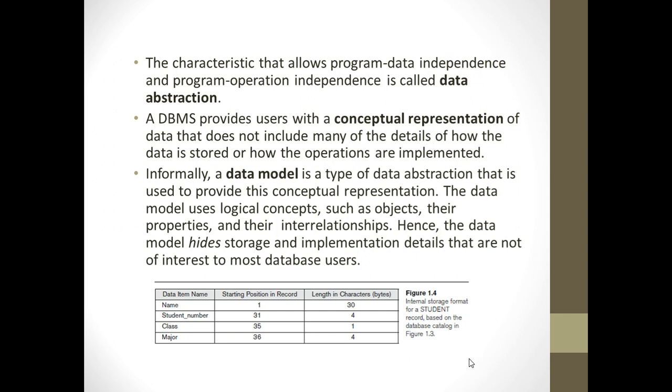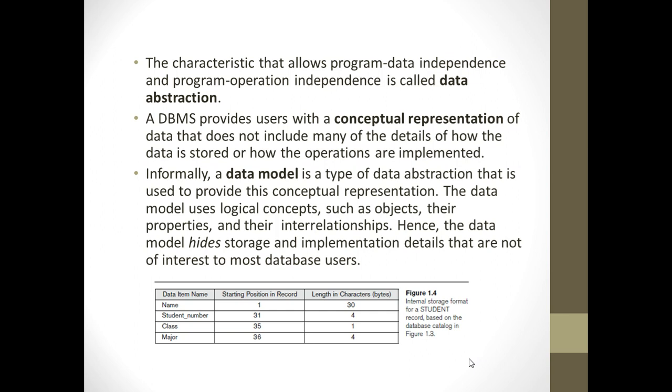So what I see is the conceptual representation of the data, and then there might be some tables. But I am not bothered about how the data is actually getting stored, in what B trees, in what index structures, hash structures, and what the underlying physical path is where the data is stored. That is irrelevant.